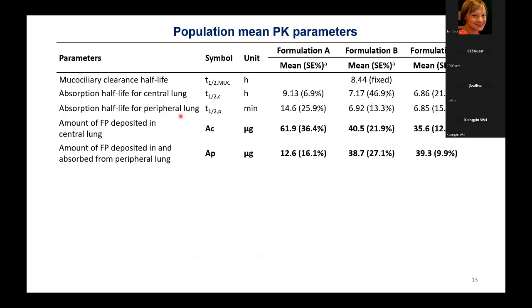The absorption from peripheral lung is in minutes here, so it was 14.6 minutes for A and about 7 minutes for formulations B and C. So again, a clear distinction here, and clearly absorption from peripheral lung was much faster. And then with regard to the drug deposition into central lung, formulation A had 62 micrograms versus 12 micrograms into peripheral lung, so very centrally depositing. And then formulations B and C were approximately equal with regard to central versus peripheral drug deposition.